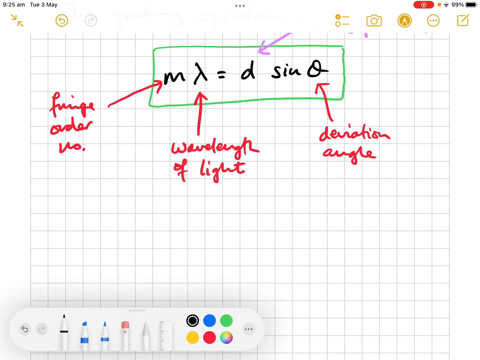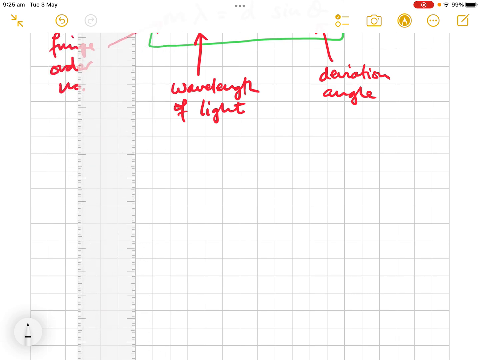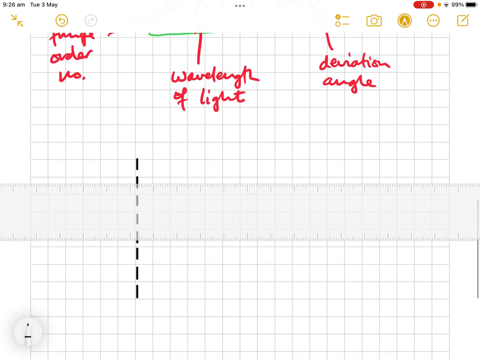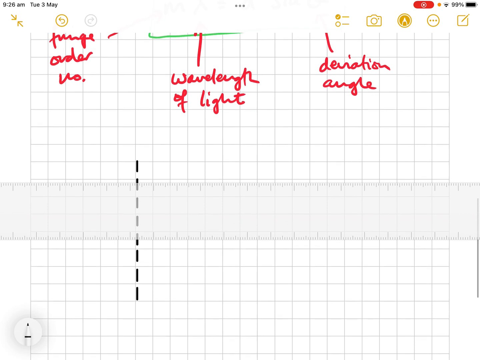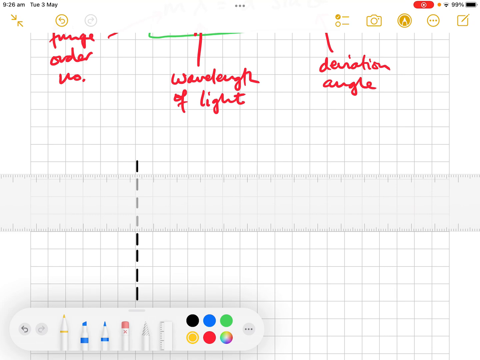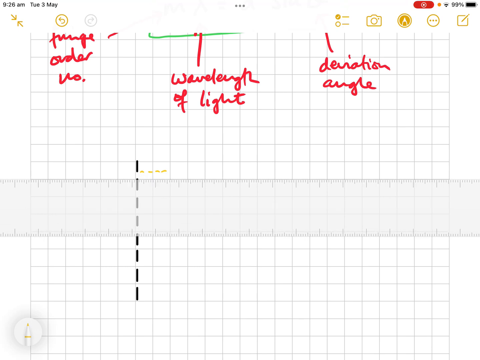So if we imagine that we have our diffraction grating, well, two things. Don't get confused between the slit separation and the slit width. So the slit width is the actual width of the slit, which needs to be less than or equal to a wavelength.